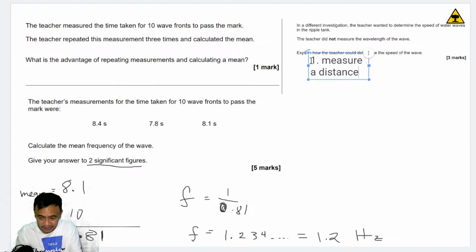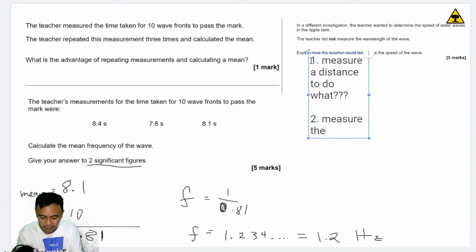Then second one is measure the time to travel the distance.